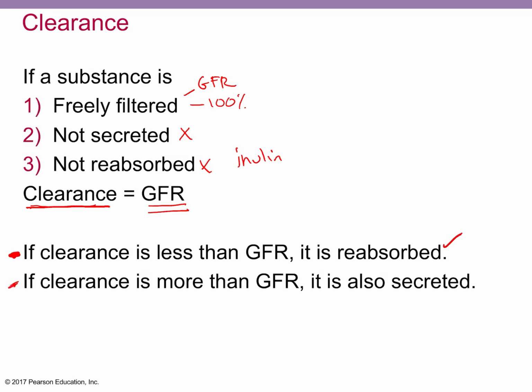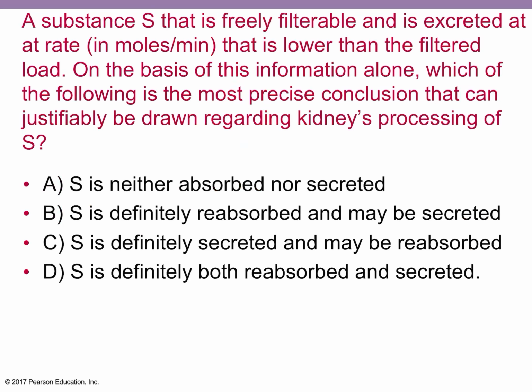If the clearance is more than the GFR, so if you find that you have more of a substance in the urine than was filtered, that means that it's also secreted, right? It has to come from somewhere. You can see the filtration rate, but you don't know where else that extra substance came from. So it has to also have been secreted.